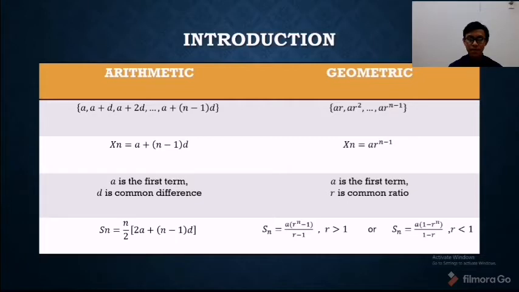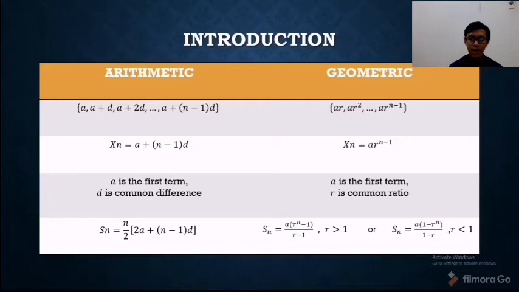In geometric series, the term is always multiplied with a constant. If we want to find the nth term, we need to use the formula xn equal to ar to the power of n minus 1, where a is the first term and r is the common ratio.